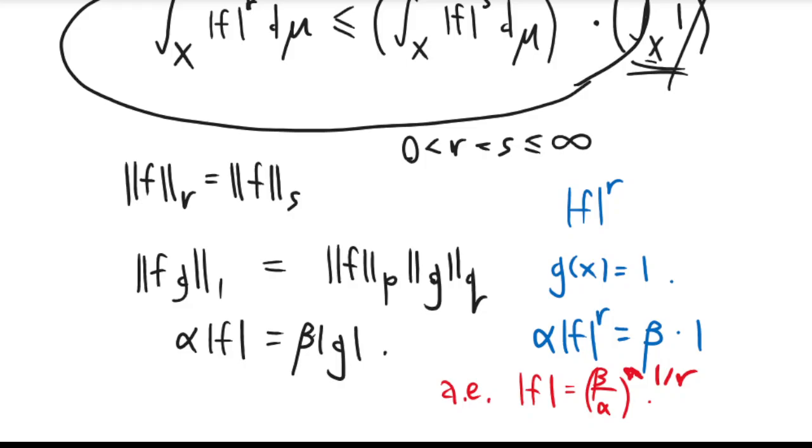So this is basically the solution. If you're on a measure space with measure equal to 1, the only way that for distinct values of r and s this can happen is if f is in absolute value a constant function almost everywhere. And that's it. Back with more videos soon.